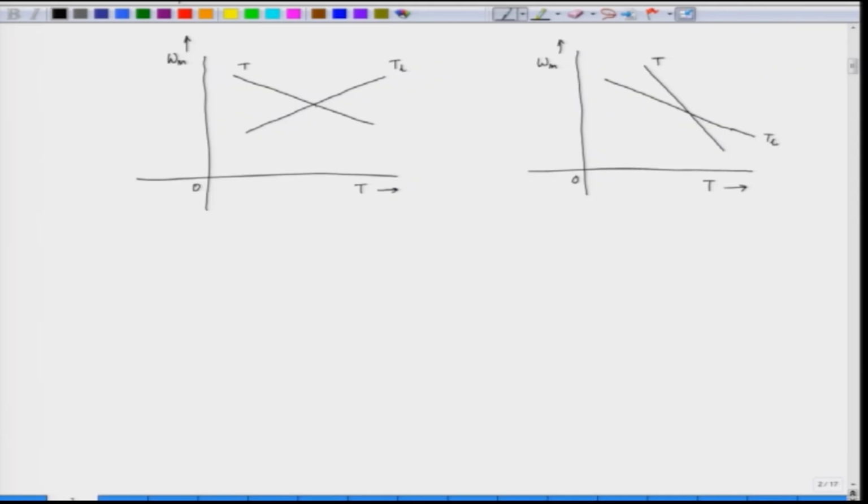Now, in the first case we have the intersection which is point A, and in the second case the intersection is point B. So, we have two different examples.